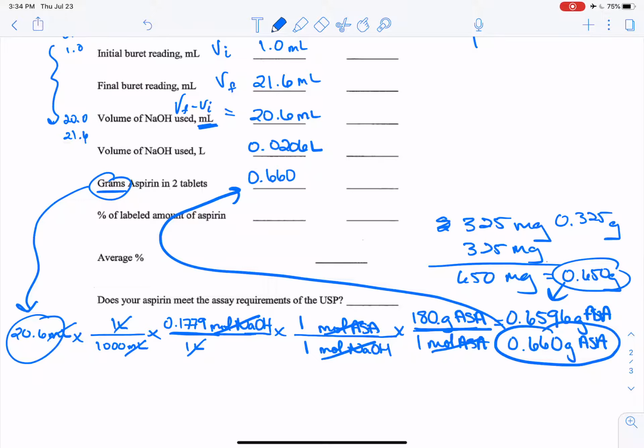Now, if we were to only use one pill, your number would be close to 325. Okay, so now we have percent of a labeled amount of aspirin. And the lab manual does it a really funky way, and I don't know where the 648 instead of the 650 came from, but the people who wrote that lab have long since retired, so I can't ask them what's going on there. So I want you to do it this way.